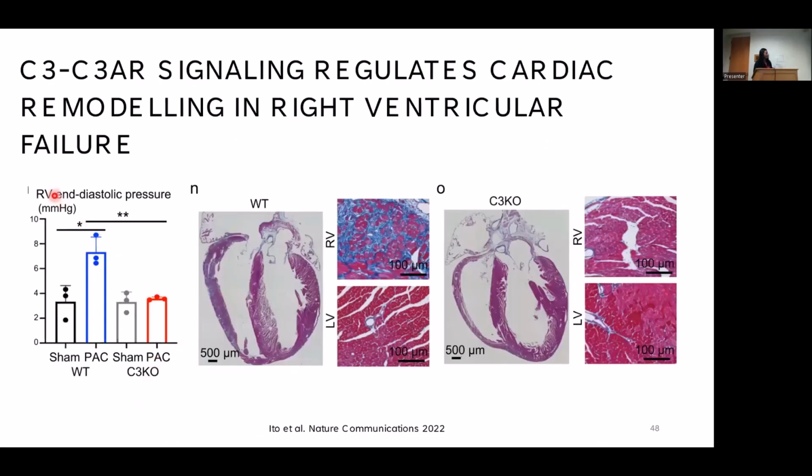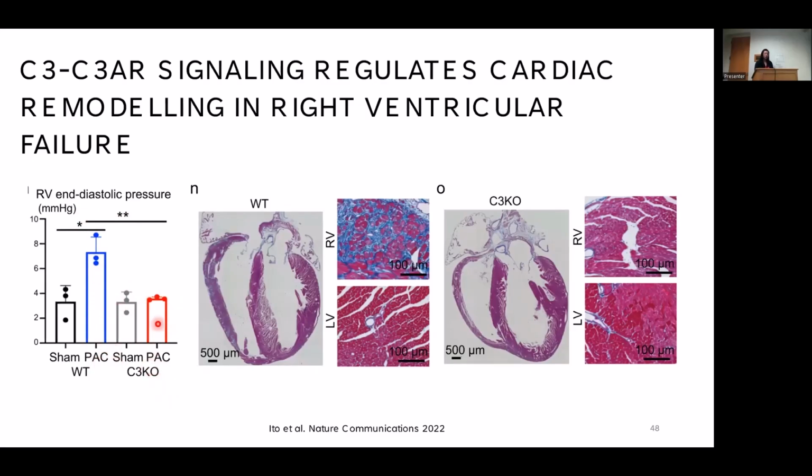And then the C3a and C3aR signaling pathway seems to be relevant in regulating cardiac remodeling and right ventricular fibrosis and failure. And in this paper recently published in 2022, using a mouse model of PA constriction, there are multiple markers other than just RV end-diastolic pressure that were improved in C3 knockout mice.